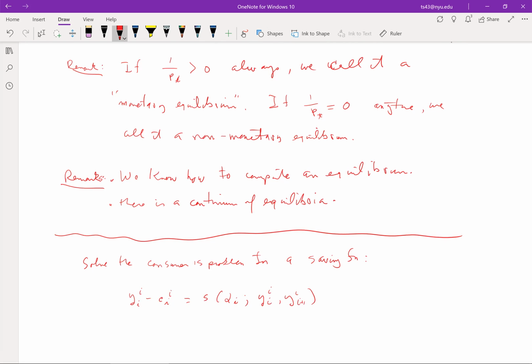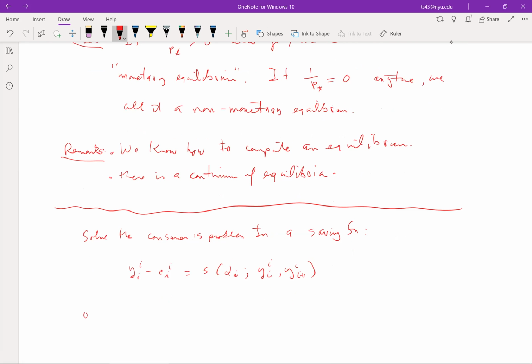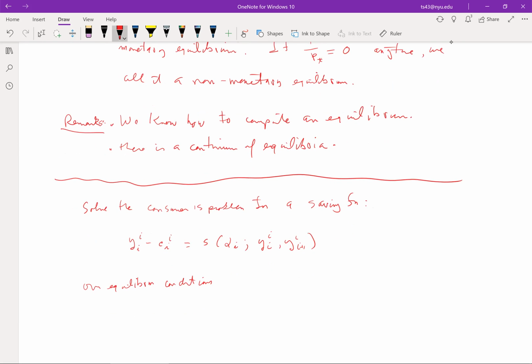And then we can write our equilibrium conditions. They can be written compactly like this: M over P_t is going to be S, and alpha_t is just P_{t+1} over P_t, and then we have our endowments there implicitly.